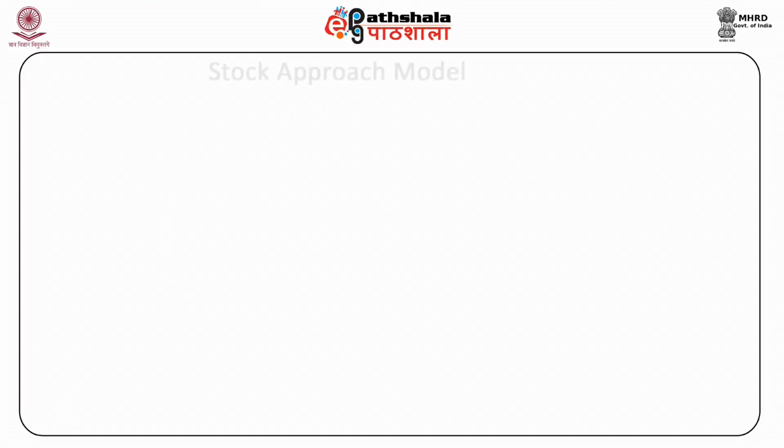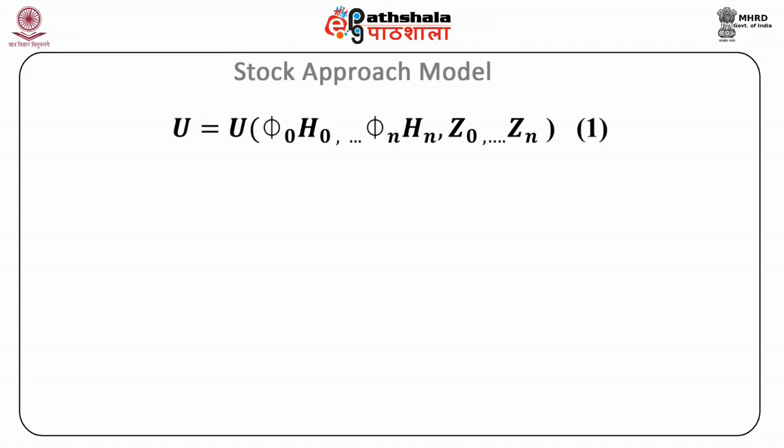Stock approach model. In this approach, the utility function of an individual is defined as U = U(φ0H0, ..., φnHn, Z0, ..., Zn), Equation 1, where H0 is initial health stock, Hi is health stock in the ith period, φi is per unit stock service flow, and φiHi is total healthcare consumption.